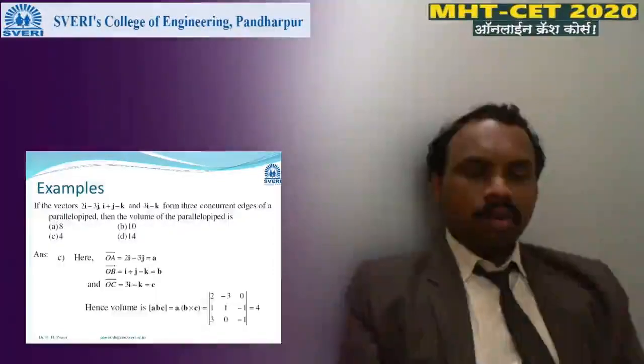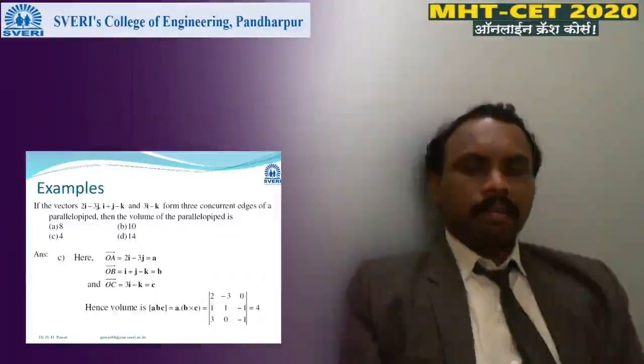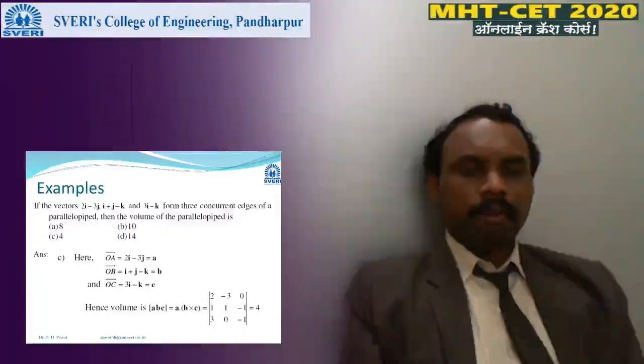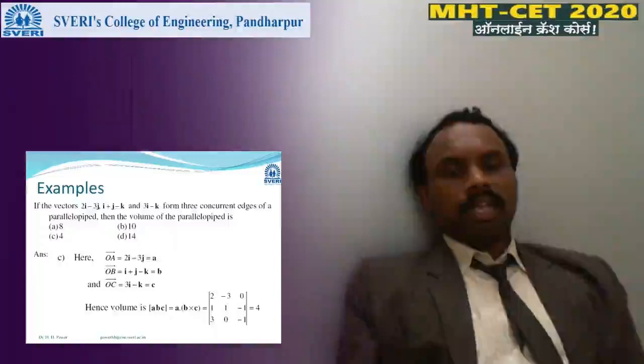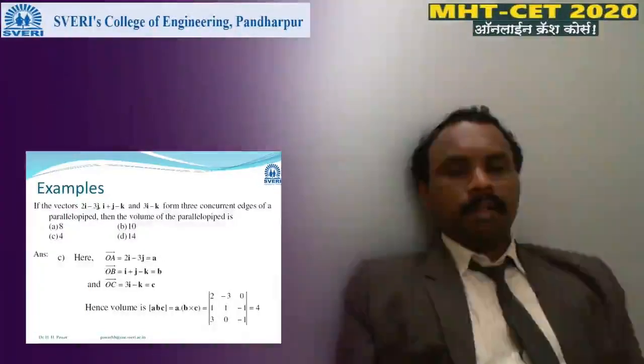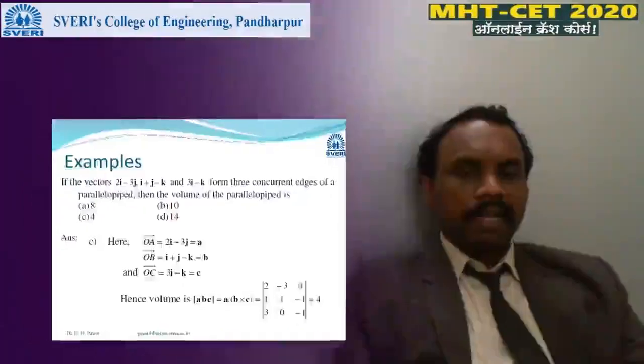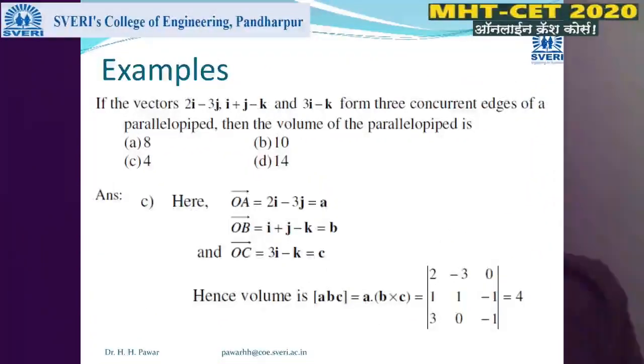Hence, the volume of the parallelepiped, that is the box product of A, B, C, equal to A bar dot B bar cross C bar, is obtained using the determinant with rows 2 minus 3 0, 1 1 minus 1, 3 0 minus 1, that is the coefficients of i, j, k in the first, second and third vectors.